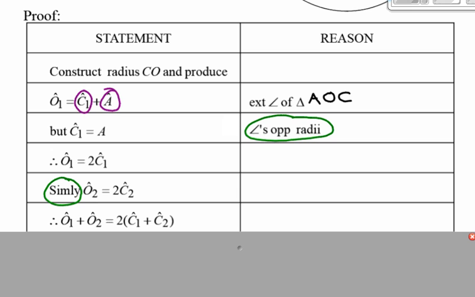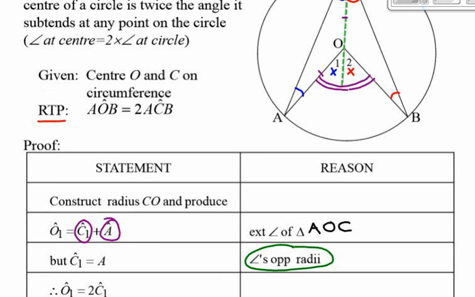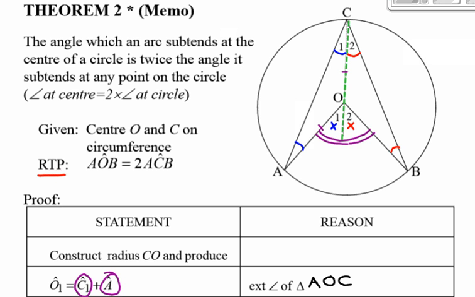So O1 plus O2 is 2C1 plus 2C2, which you can then take the 2 out and write it like that. Therefore, angle AOB, that whole thing there, is equal to double that angle there. And that is precisely what we wanted to prove, so we are done.